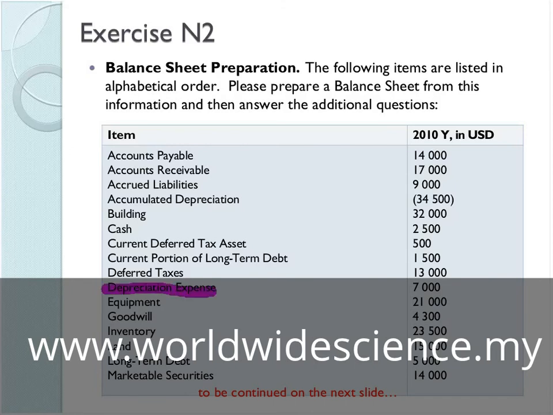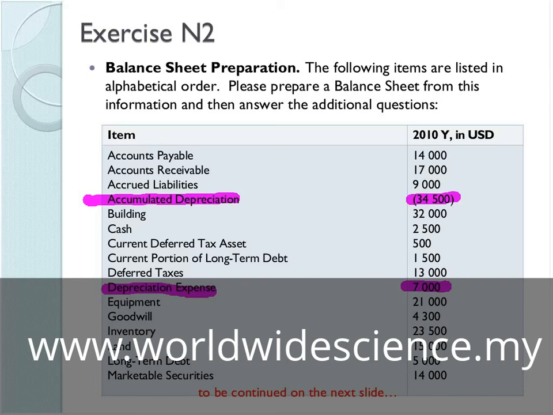Depreciation expense, which is equal to 7,000, we shouldn't put it on the balance sheet because we already have accumulated depreciation, which is equal to 34,500. What does that mean? Accumulated means the total depreciation for all of the fixed assets.